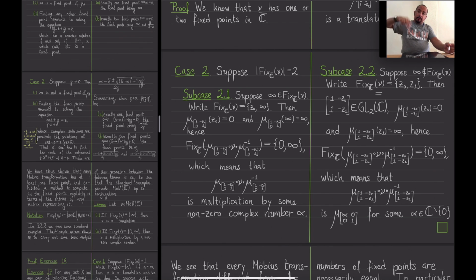But notice, it is important in this subcase to see that you could have chosen this one or this one, right? So it is not the case that there's only one Mobius transformation that conjugates this one to obtain the desired Mobius transformation. There could be many, right?